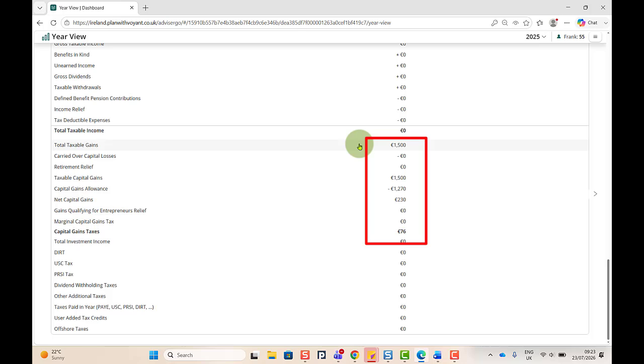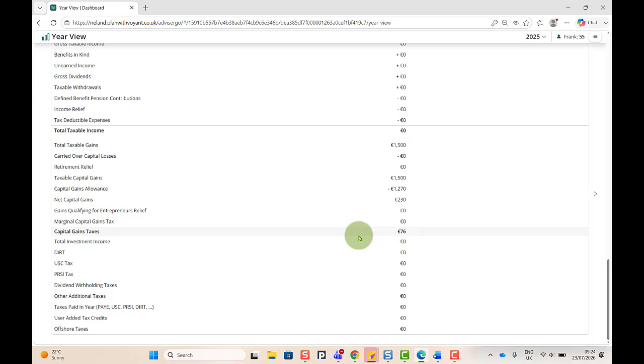See total capital gains of 1,500. There it is. The capital gains allowance of 1,270, so a net gain of €230, and the capital gains taxes of €76.